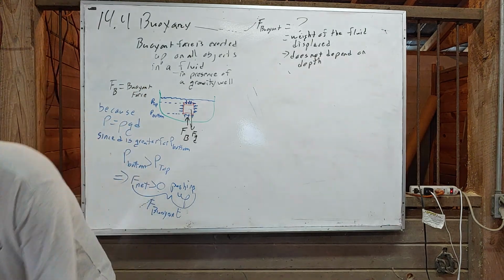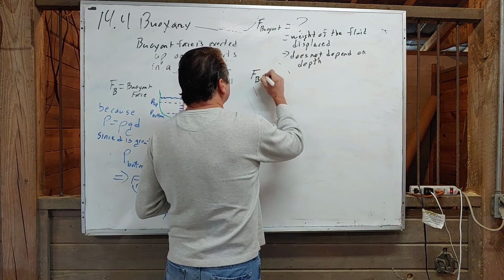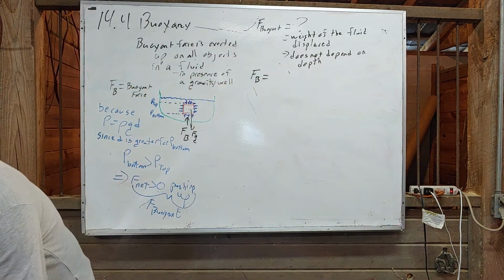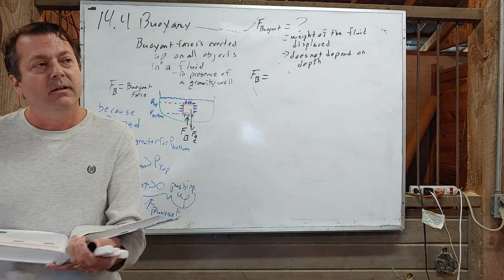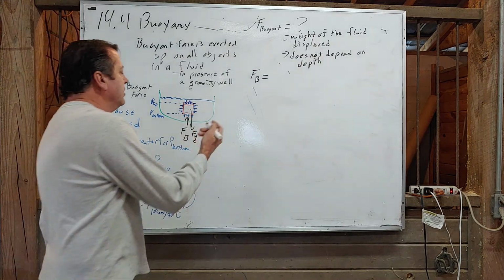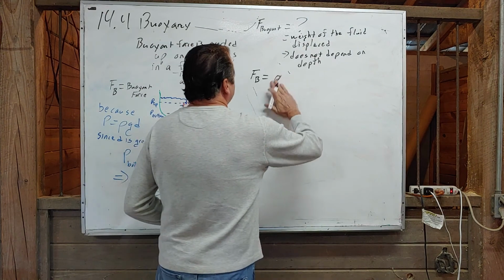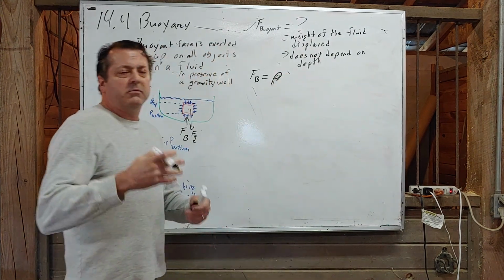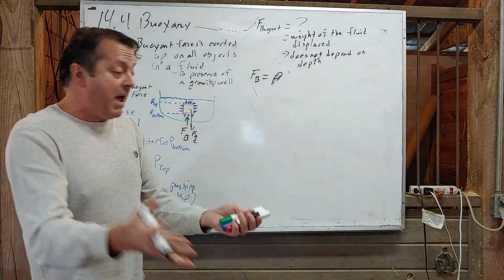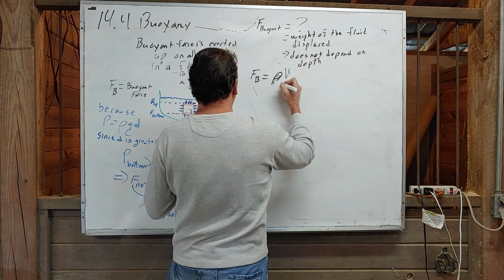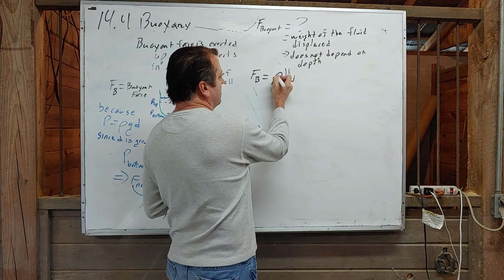Now, this buoyant force is equal to the weight of the fluid displaced. How would you find the weight of that fluid displaced? We know the density of the water is rho. Rho is mass per unit volume. So if we multiply it times the volume of the object in the fluid, we get the mass.